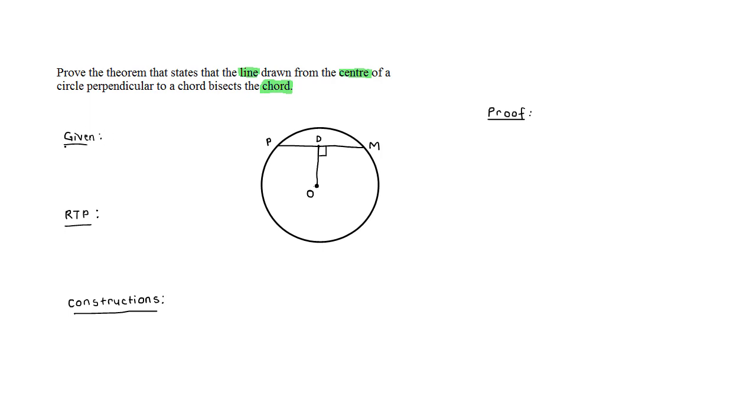So let's fill in this first section, the given. What are you given? You're given a circle, center O, with a chord PM.